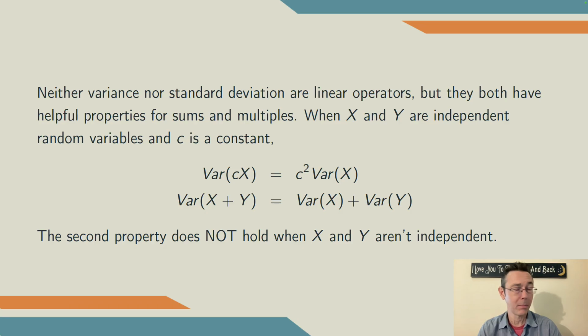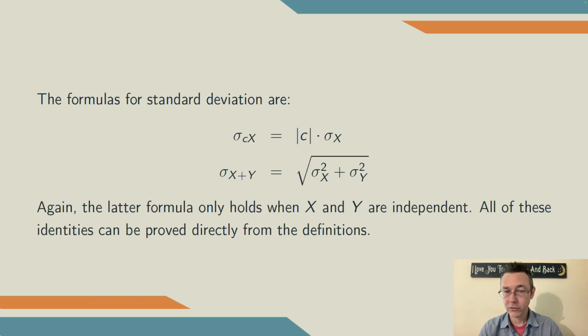If x and y are dependent on one another, then the formula for the variance of a sum is more complicated. The formulations for standard deviation are basically just the square roots of what we saw before. So if you need the standard deviation of a constant times a random variable, you take the constant times the standard deviation of the random variable. But since standard deviation is always positive, we're actually factoring out the absolute value of c.